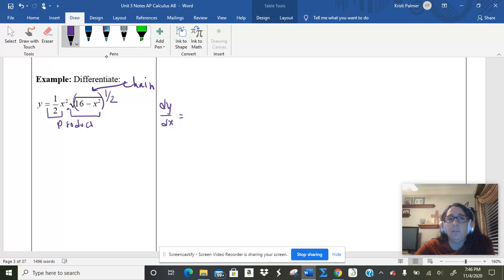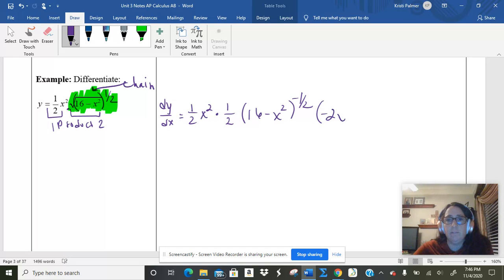So my product rule says I'm going to take the first times the derivative of the second. So I take my first times the derivative of the second. So just derive that second piece. So that's a chain rule. Derivative of the outside, leave the inside alone, times the derivative of the inside.